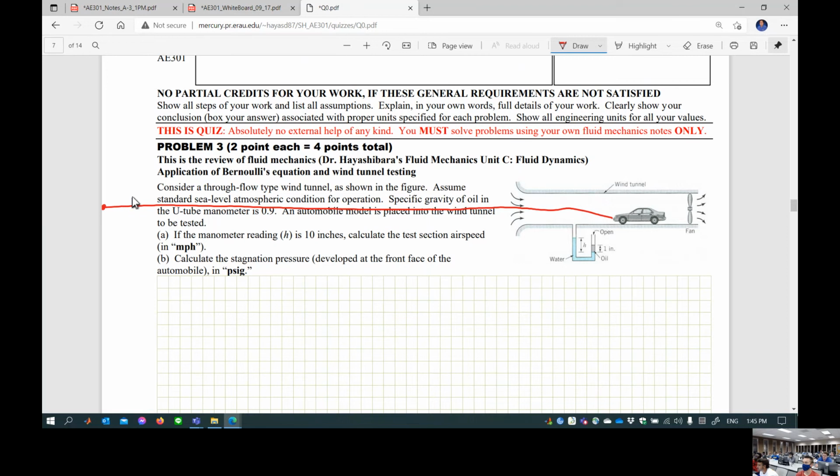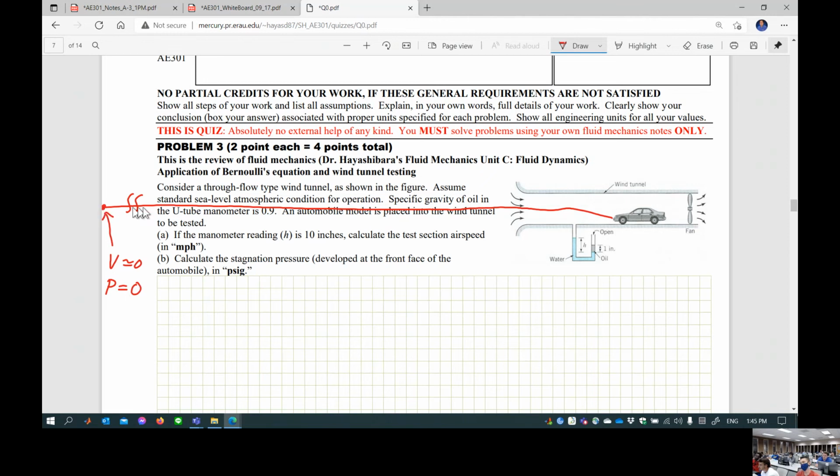Right here is really far away from this wind tunnel, but something starts moving from here. What's the velocity here? About 0. What is the pressure here in terms of gauge? 0 gauge, it's atmospheric.